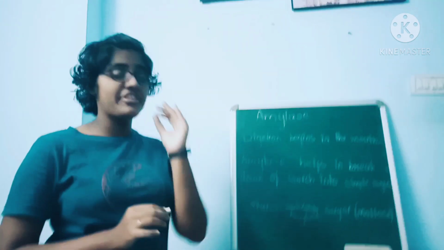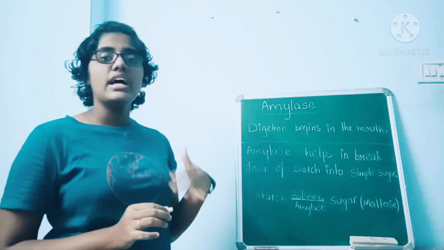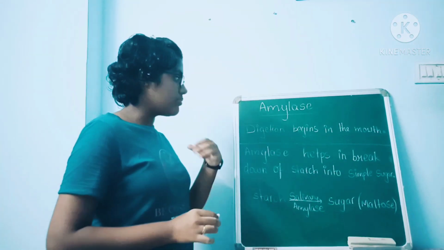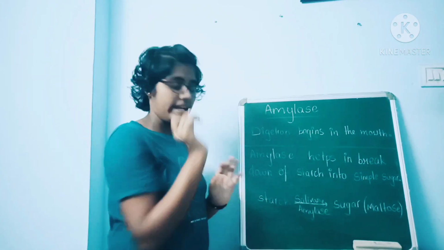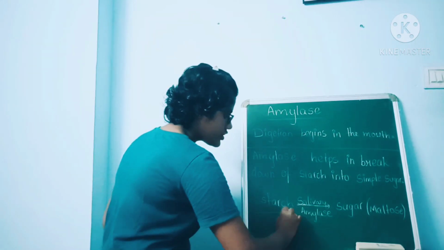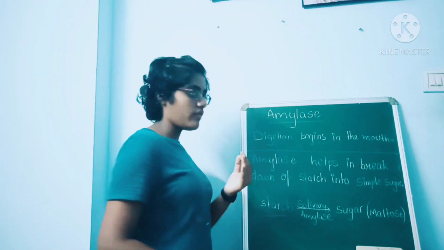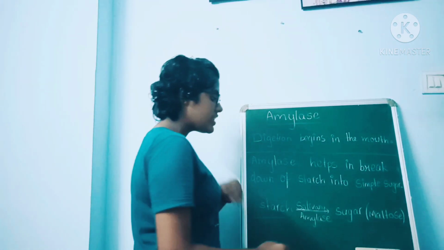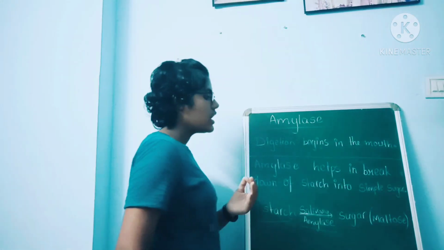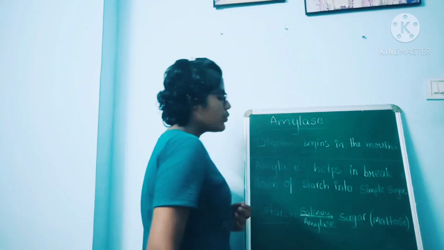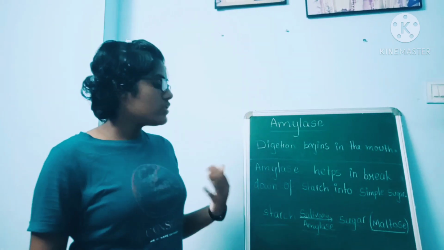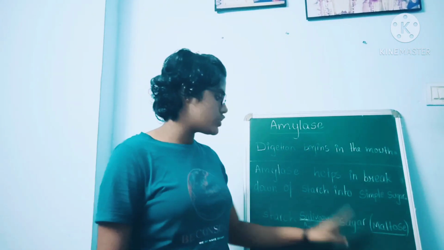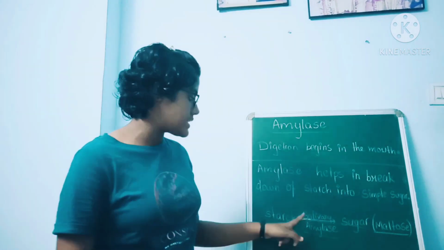Now here the first step of digestion takes place in the mouth with the help of saliva and the amylase. So this starch, in the presence of saliva with the help of amylase, converts into sugar, which is also known as maltose. See, going through the lesson, we will not use the word sugar or the word saliva.